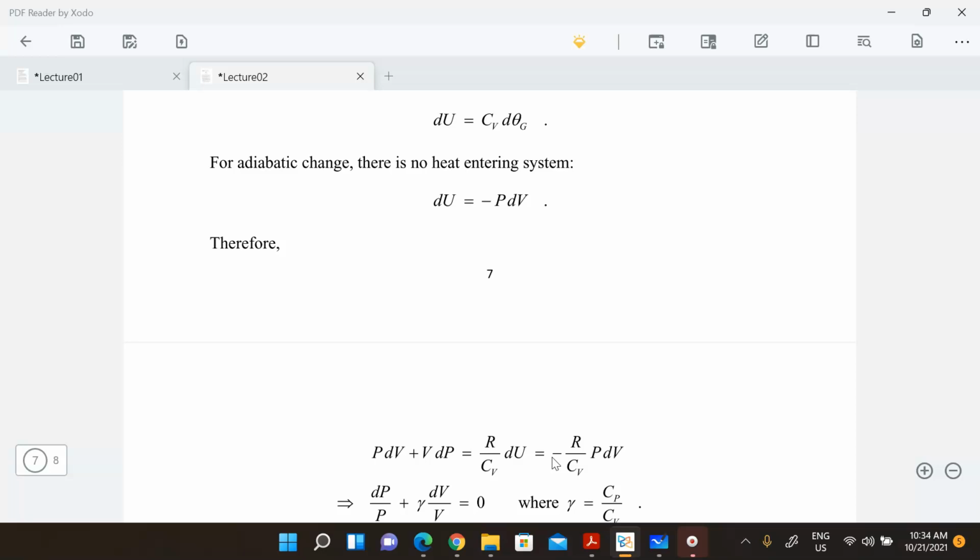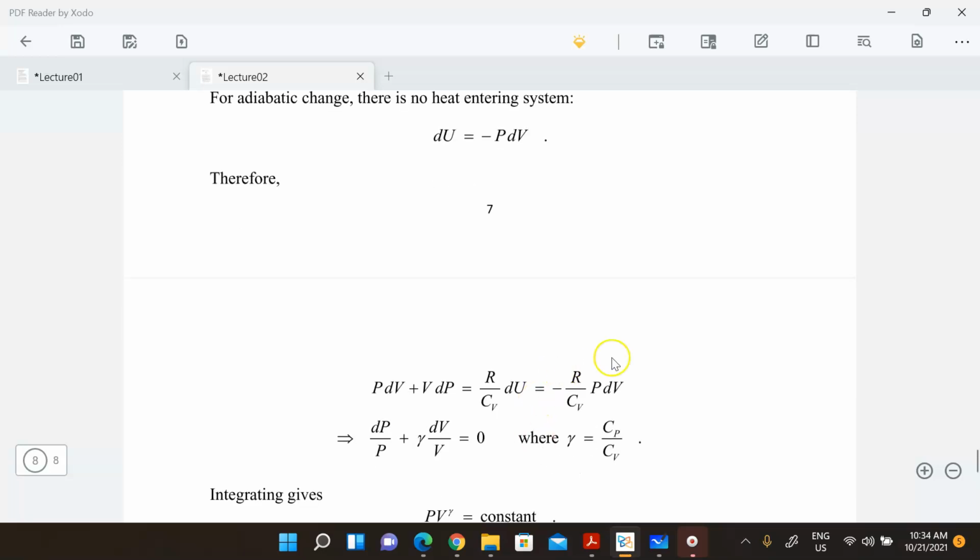If you combine these two, you'll be able to write this equation down and rearrange it so that you get the differential of p with p in the denominator and the differential of V with V in the denominator, and then you have this constant, which is actually your heat capacity ratio.